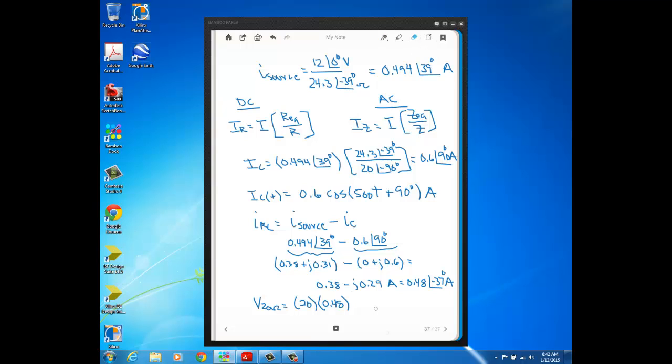I didn't put the angle in. So 0.48 at the angle of minus 37 degrees. And that comes out to a voltage across the resistor of 9.6, because 0.48 times 20 is 9.6. And the angle is the same as the current through the resistor because they're in phase, so minus 37 degree volts.